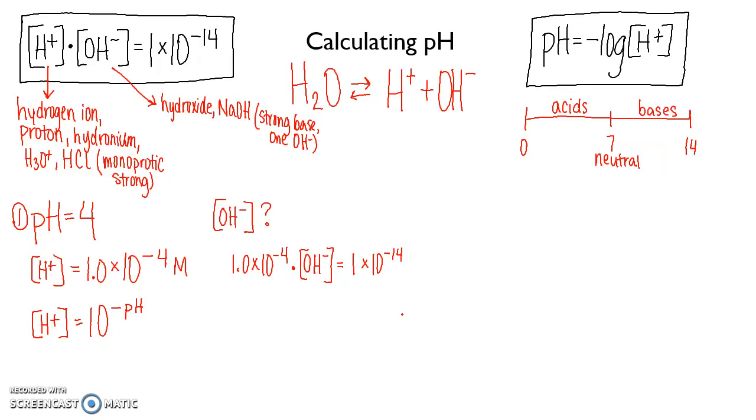If I want to get OH minus by itself, I want to divide both sides by 1 times 10 to the negative 4th.